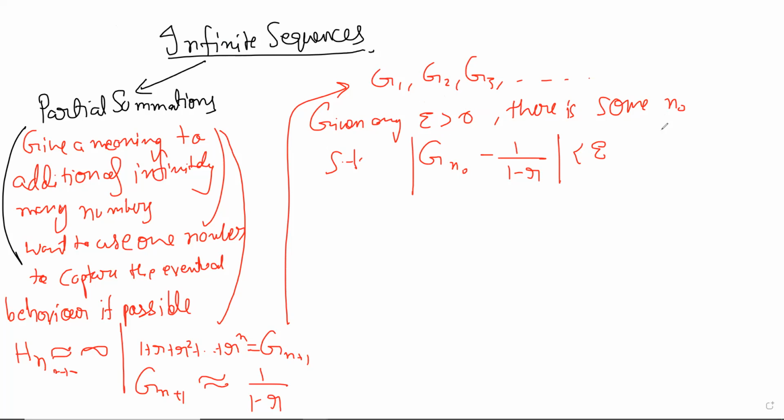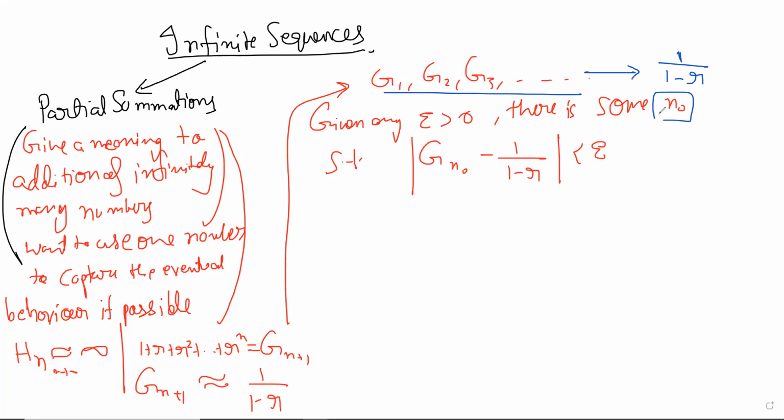Now, obviously, this is not completely correct, but it works out. But let me first say why it is not completely correct. This is not completely correct because when we say that this summation of more and more terms gets closer and closer to this number, this should mean that given an epsilon, there is a point after which this summation remains epsilon close to 1 by 1 minus r.